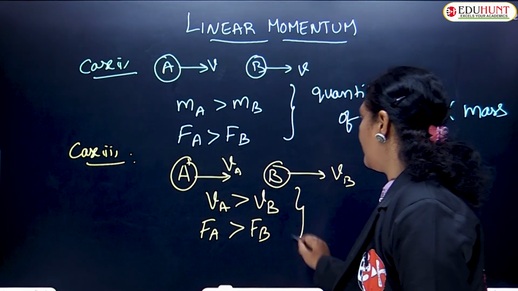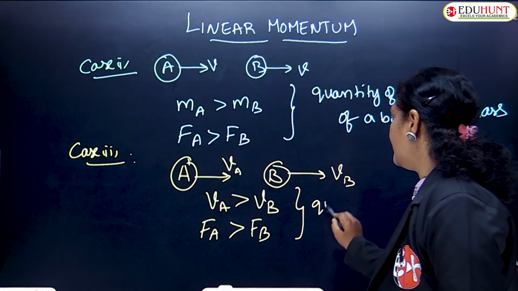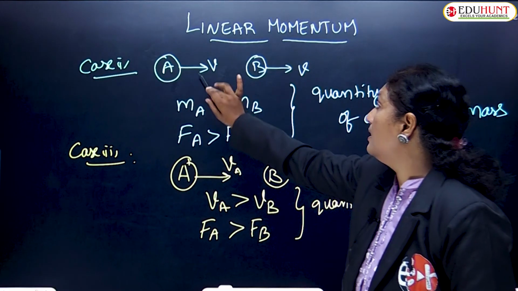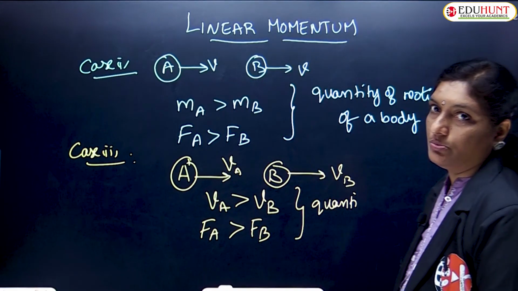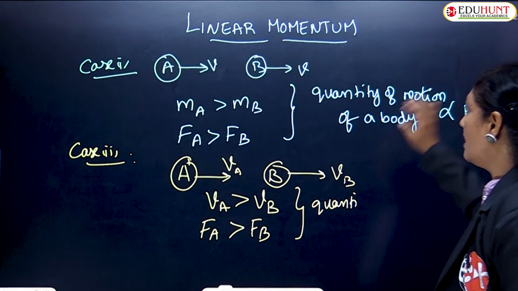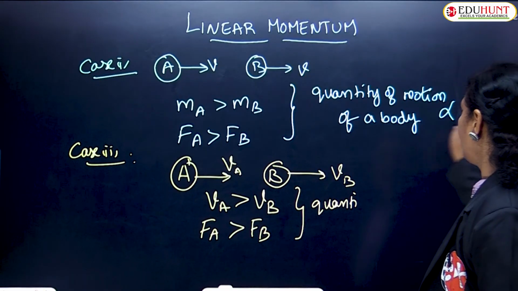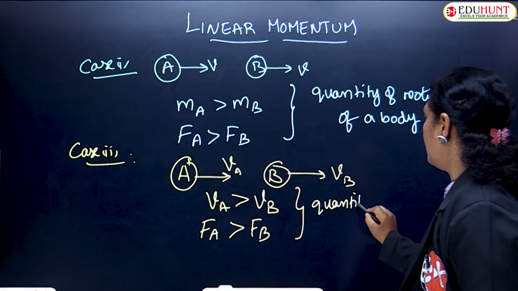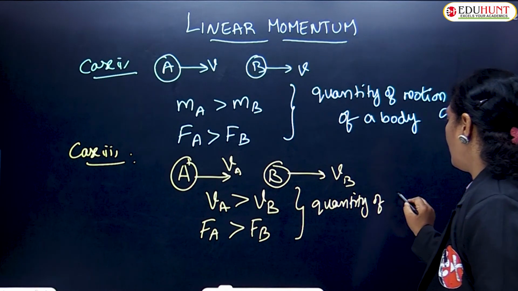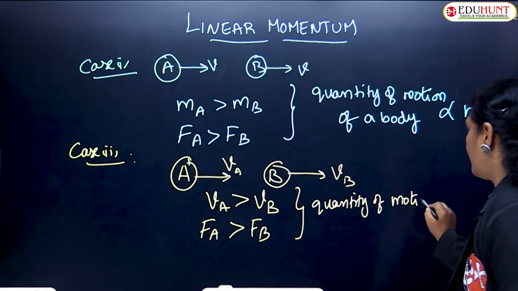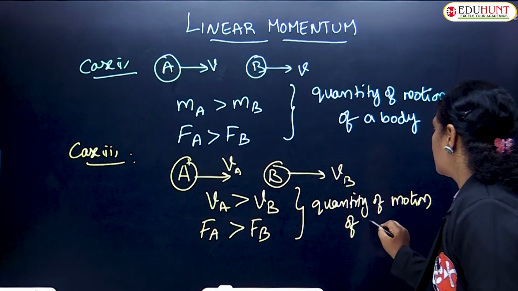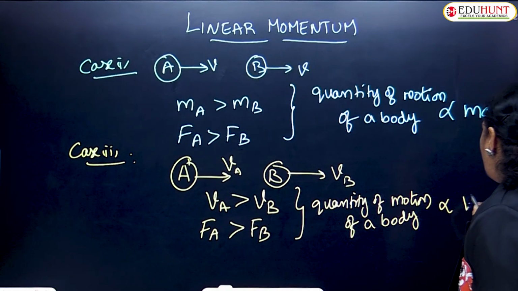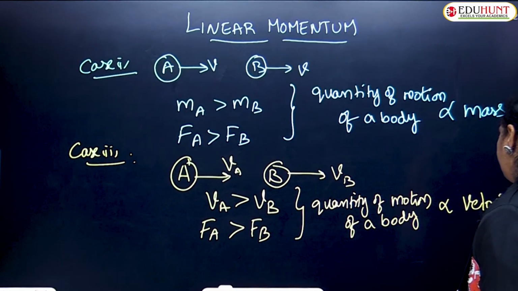So from these two we can conclude that the quantity of motion, again here also they are both set into motion, as in the earlier example. In the earlier case, the quantity of motion of a body is directly proportional to the mass, and here the quantity of motion of a body is directly proportional to the speed or velocity of the body.